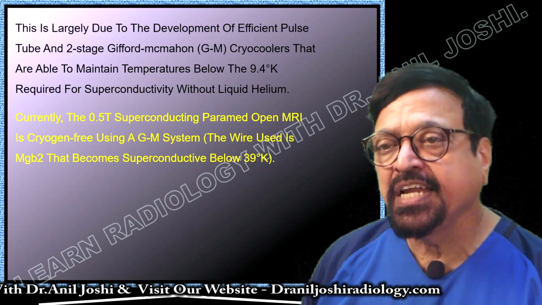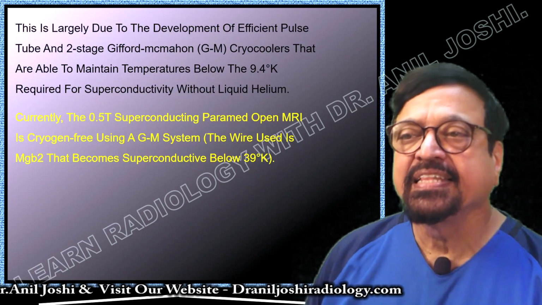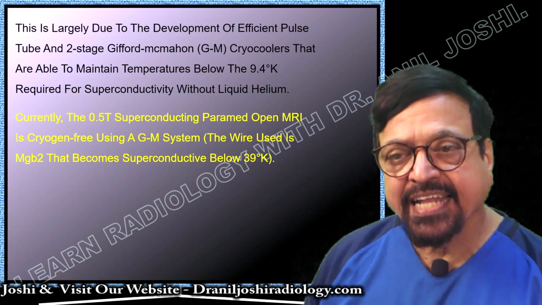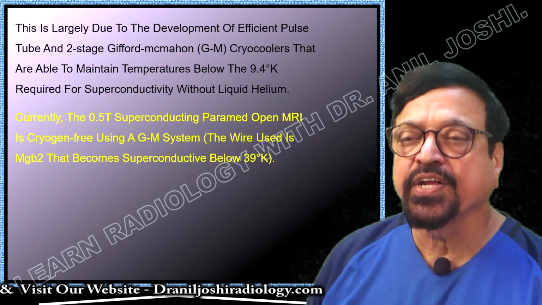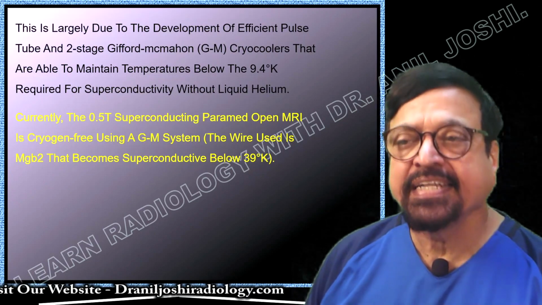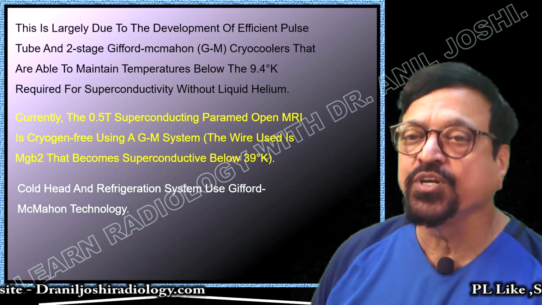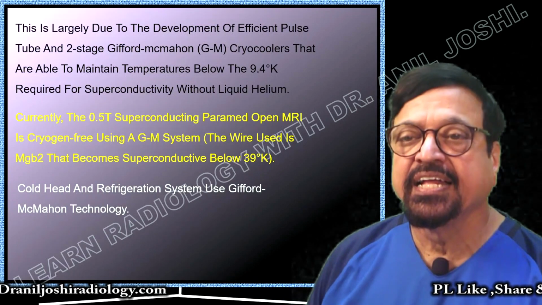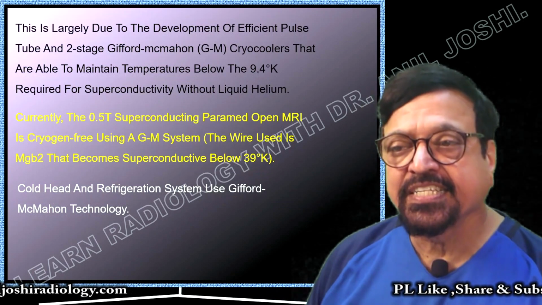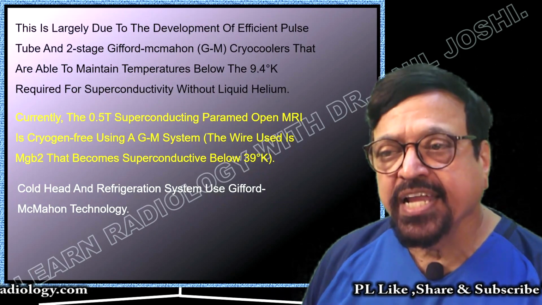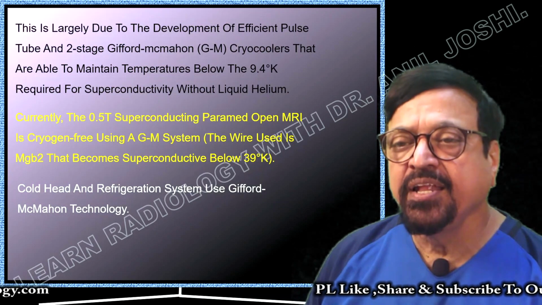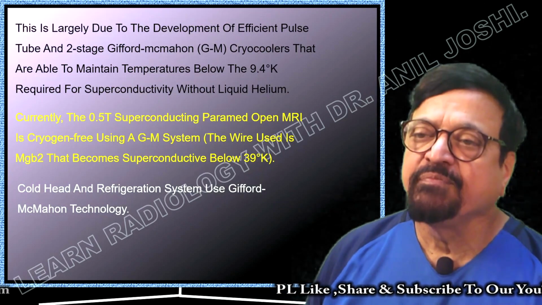So new GM systems are available, they are using different techniques, they have good superconductivity, and they can maintain temperature below 39 K. So these are the ideal situation for any magnet to work. Cold head and refrigeration system are used in Gifford-McMahon technology.